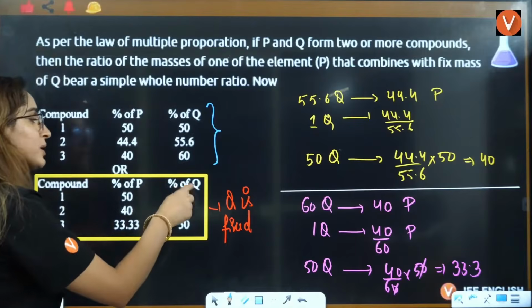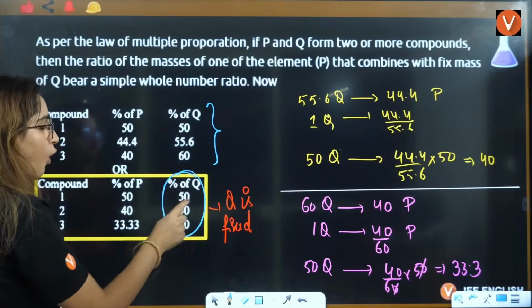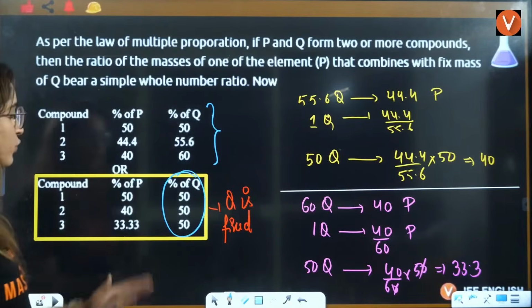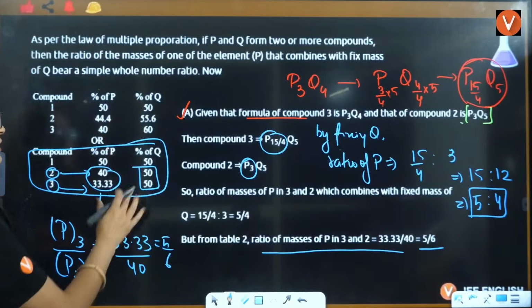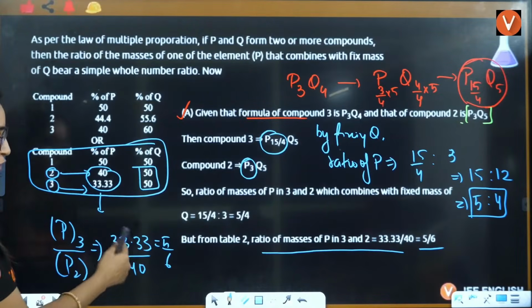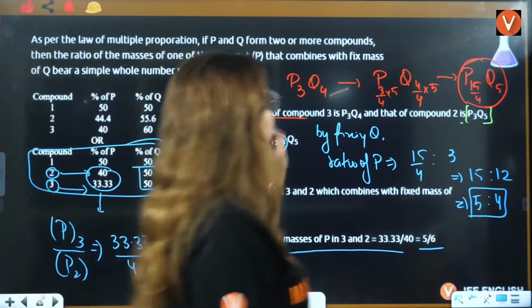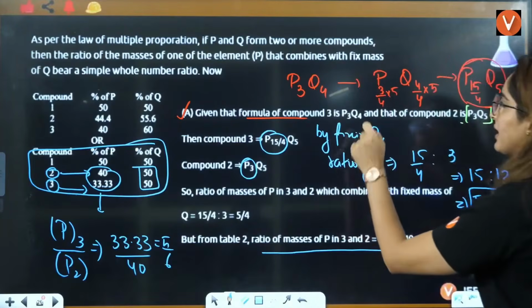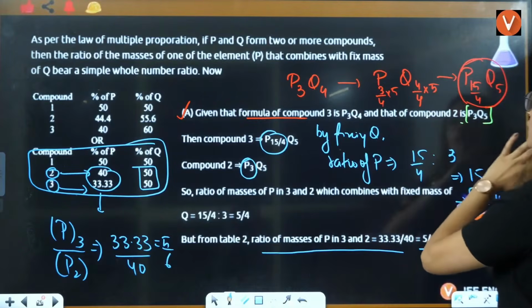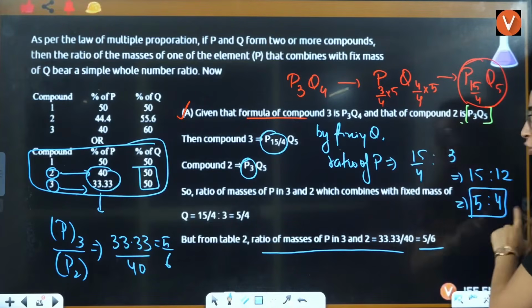So from the data also, I fixed the value of Q. Here also, when I fix the value of Q, this is the table that you have. So in the table, when I fix the value of Q, the ratio of P3 and P2 is going to be 5/6. But in the formula that is given in the statement, this has P3Q4, this has P3Q5, then the ratio is coming out to be 5/4.